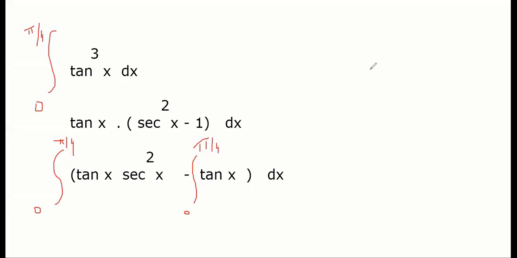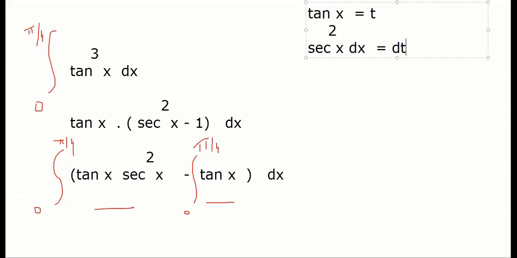Now the interesting part, guys. We are not going to change this; we are going to change only this. How? We are going to make, say, tan x equal to t. We can do that. If tan x equals t, differentiate: secant square x dx equals dt.